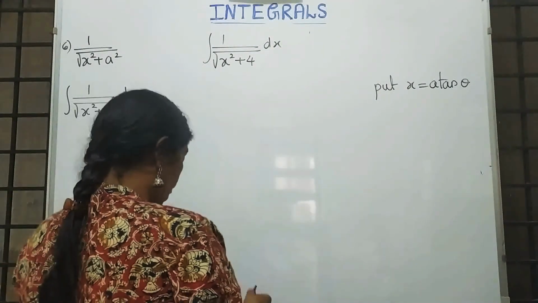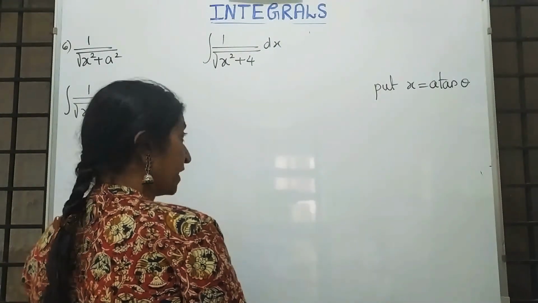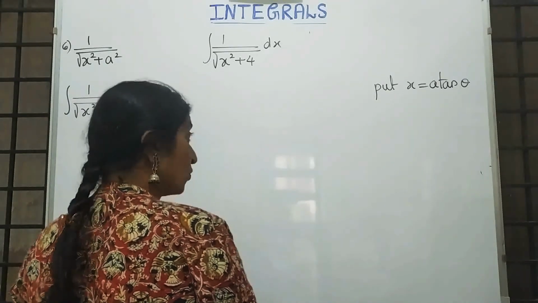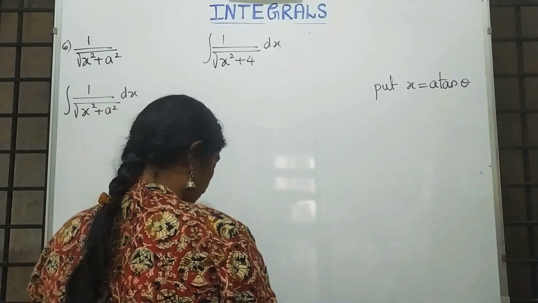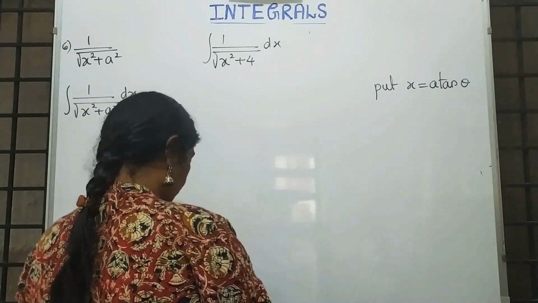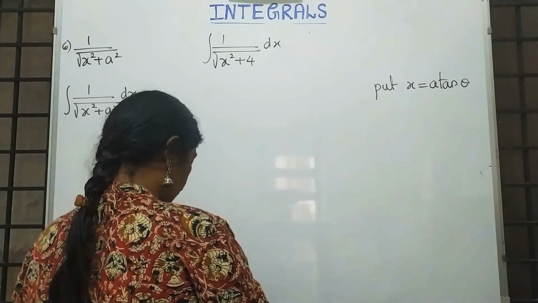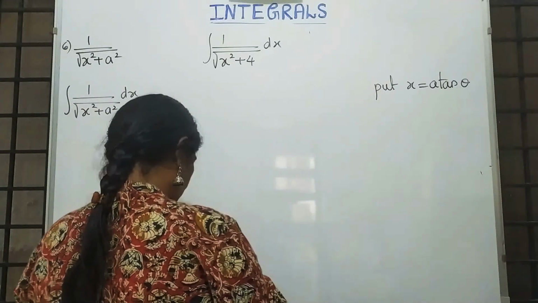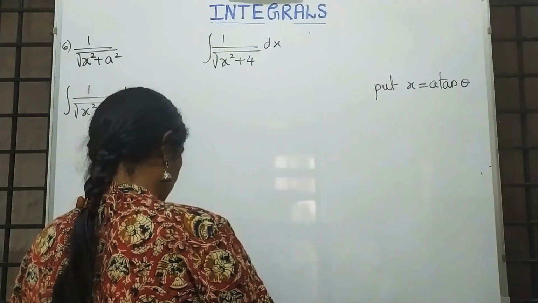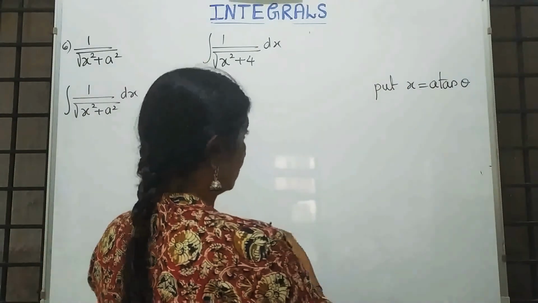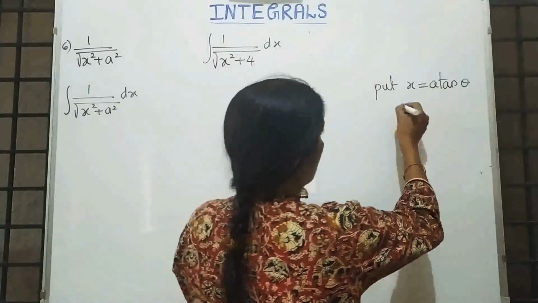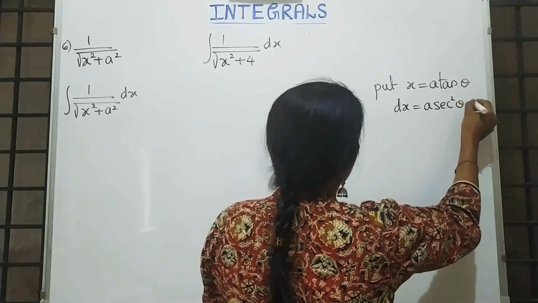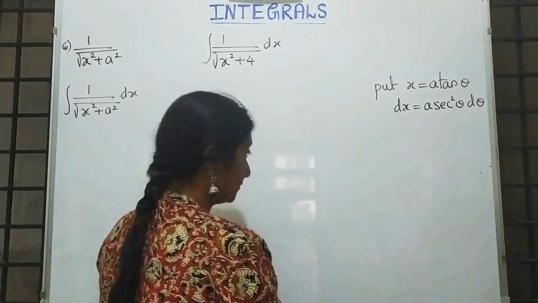When you are doing a substitution, we have to differentiate. What is the differentiation of that? dx is equal to a secant square theta into d theta.